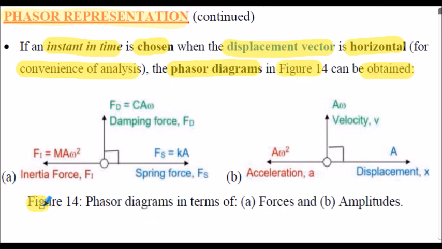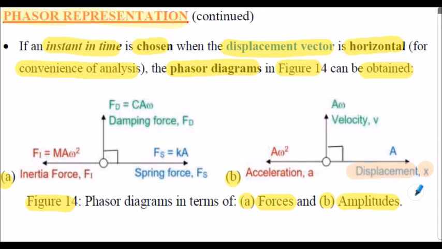Figure 14 is shown here, where diagram A shows the forces involved and diagram B shows the amplitude of the phasors. So imagine in figure B, our three kinematic phasors are rotating with angular velocity omega, and we take a snapshot of this motion when the displacement x is in the horizontal sense here. As I say, purely for convenience of analysis.